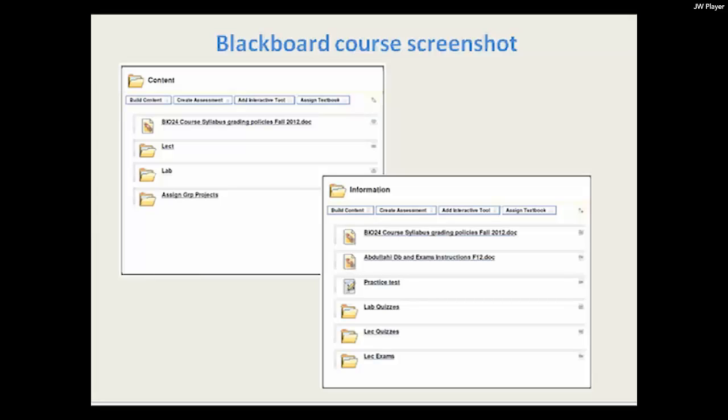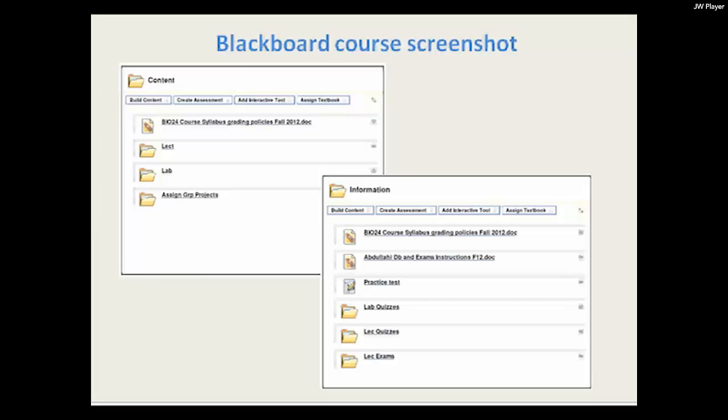We also have under information, if students were not clear on how to do exams or discussion boards, a Word document that explains for them exactly what to do. There's a practice test given to them in the first week of the course, and the idea is to help them practice questions. This helps with anxiety and confidence issues, so the students can be more confident doing these tests.